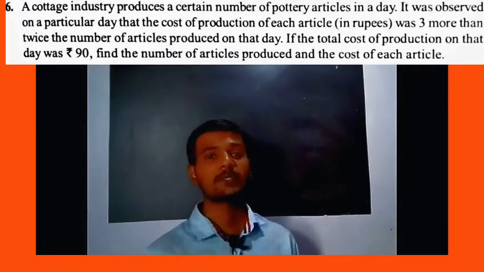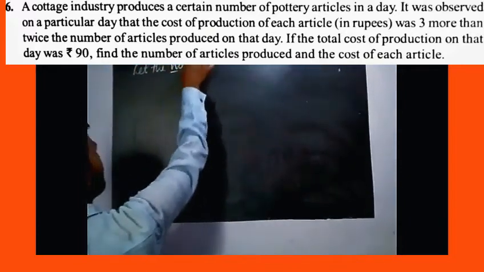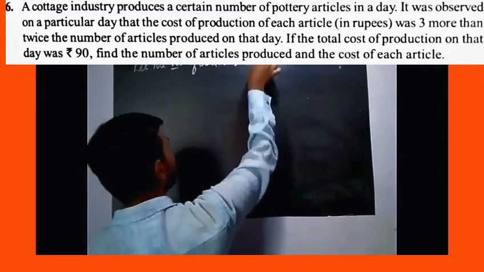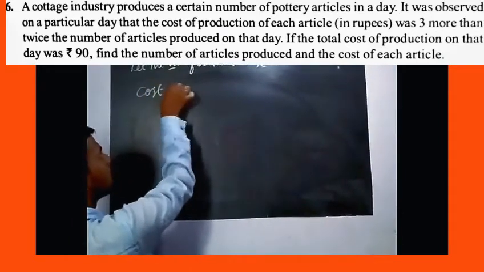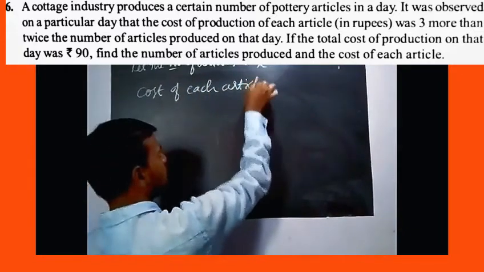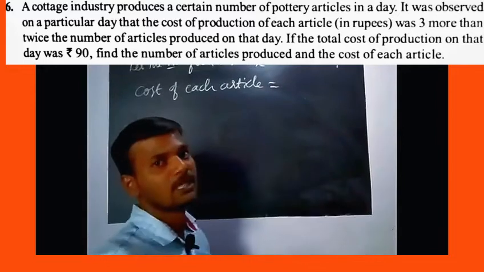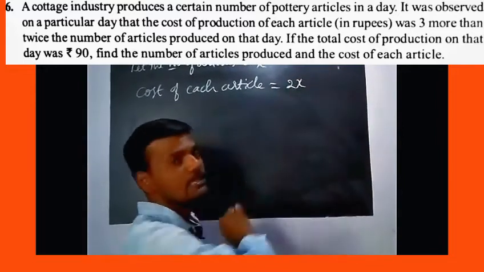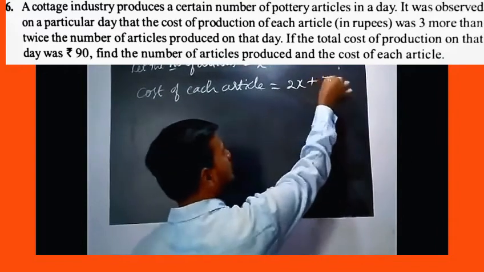Firstly, let the number of articles produced on that day be x. The cost of each article was 3 more than twice the articles produced on that day, that means 2x plus 3.